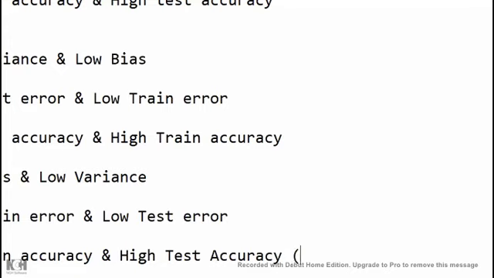Simply to say, high test accuracy means test accuracy is greater than train accuracy. High means obviously that is more, right? If test accuracy is greater than train accuracy, then it is called underfitted.